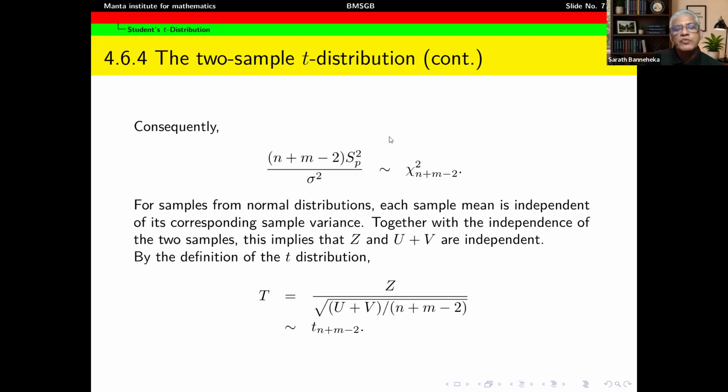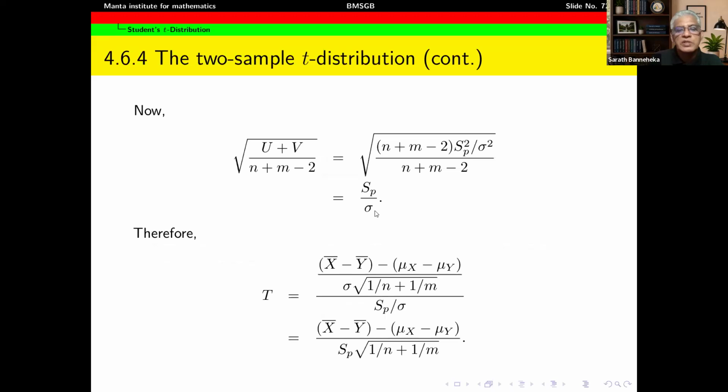So if you look at Z divided by the square root of U plus V divided by its degrees of freedom, it should have a t distribution with n plus m minus 2 degrees of freedom. If I simplify this quantity, I get this expression here. That should have a t distribution with n plus m minus 2 degrees of freedom.